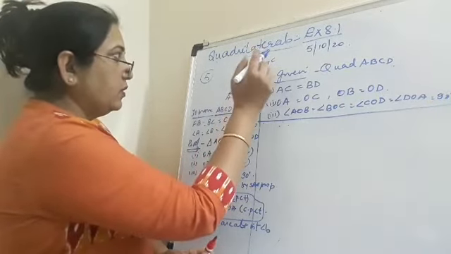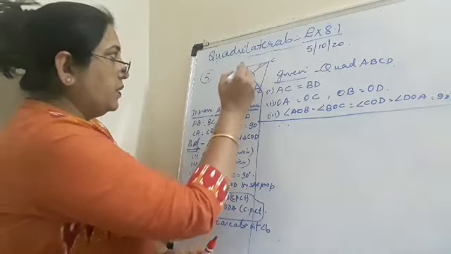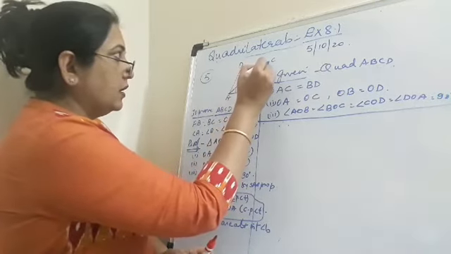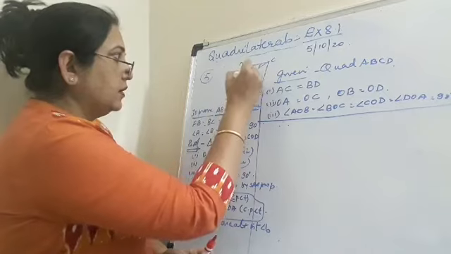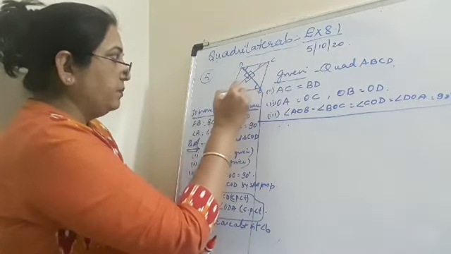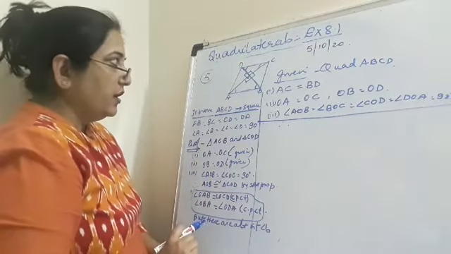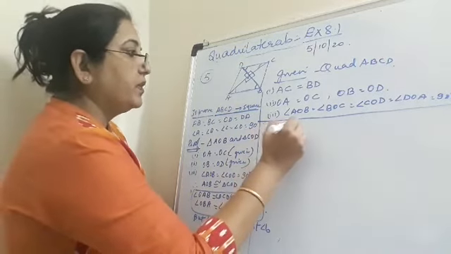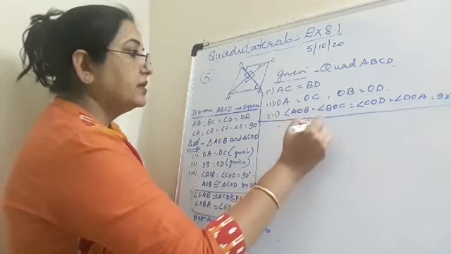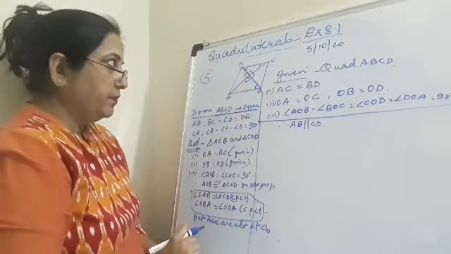So if I take this and this, now when I take these alternate interior angle pairs, we can write that therefore AB is parallel to CD.